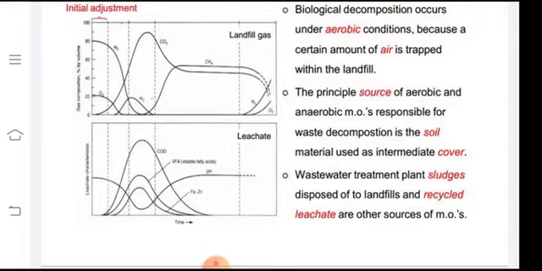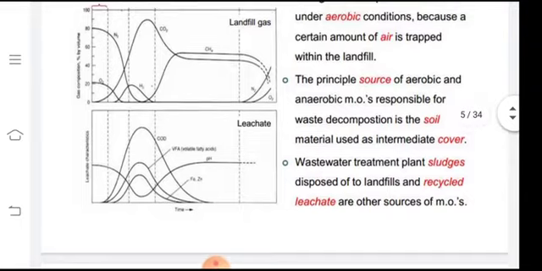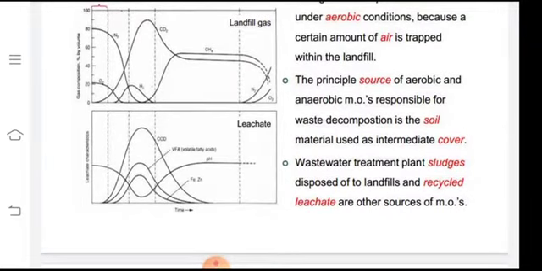The principal sources of aerobic and anaerobic microorganisms come from the soil material. This soil material can come from our compacted clay layers, or from already ongoing, incomplete decomposition processes.